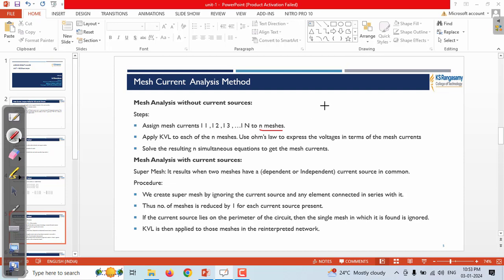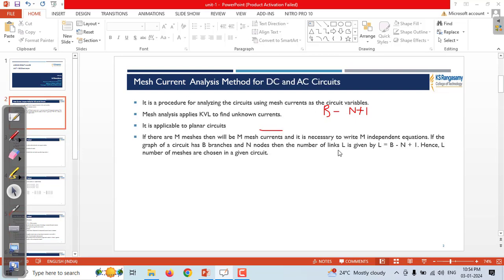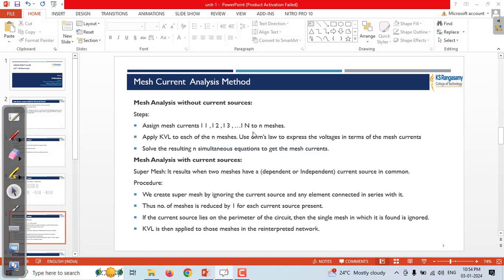For finding the number of meshes, the formula is B minus N plus 1, where B represents the number of branches and N represents the number of nodes. So for step 1, we have to find the number of meshes.